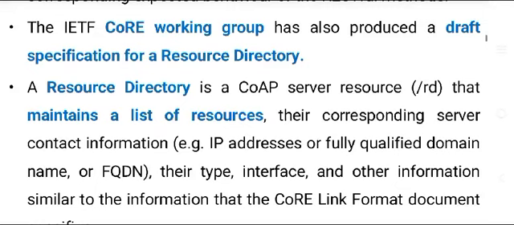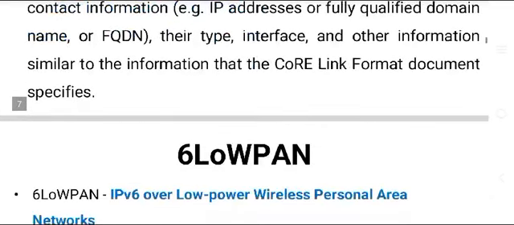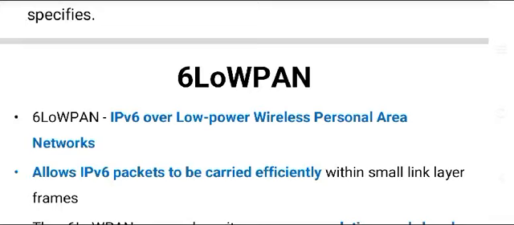A resource directory in CoAP is a server resource defined by /rd that maintains a list of resources and their corresponding server contact information, that is their IP address, domain, and so on, which is similar to core link formats.